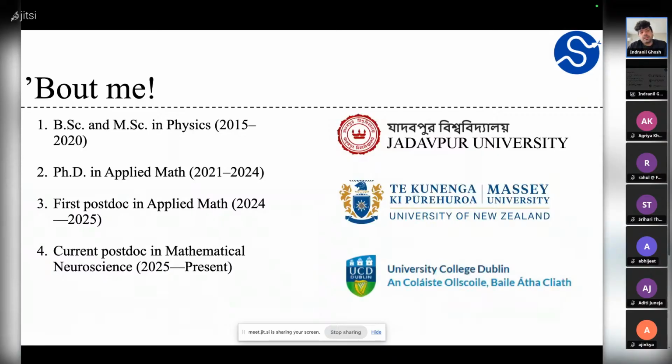Okay, a bit about me. I did my bachelor's and master's in physics in Kolkata, at Jadavpur University, till 2020 when COVID hit. Then I moved to New Zealand for my PhD in applied math. I shifted my area of research a bit, but not by a big margin.